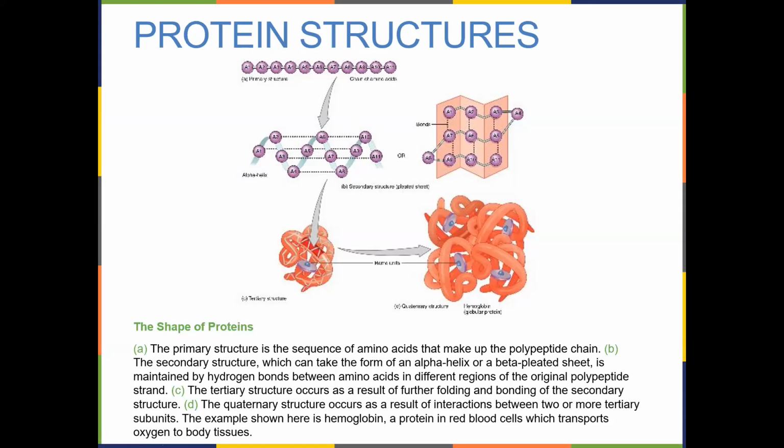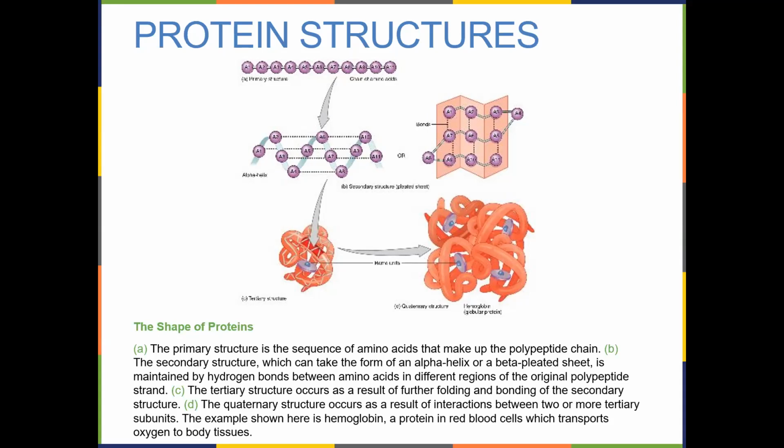For example, enzymes are proteins, and enzymes are very specific for what molecules they're going to bring together. And so the shape of the enzyme dictates what kind of reactants it can bring together to have a reaction occur. Or the proteins that are hormones will land on what we call their target cell.